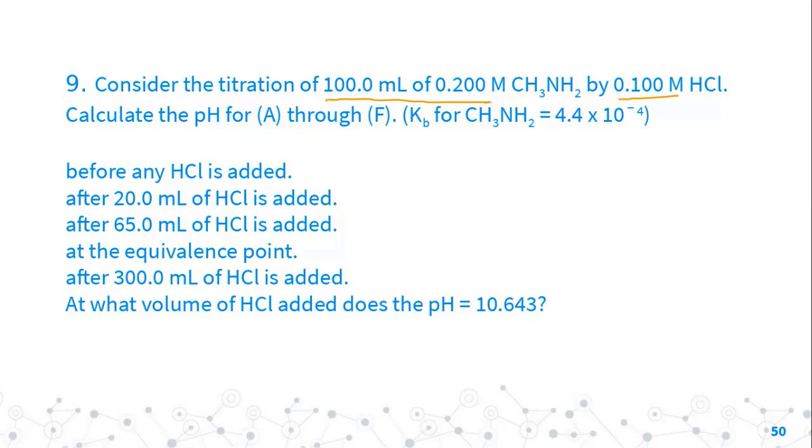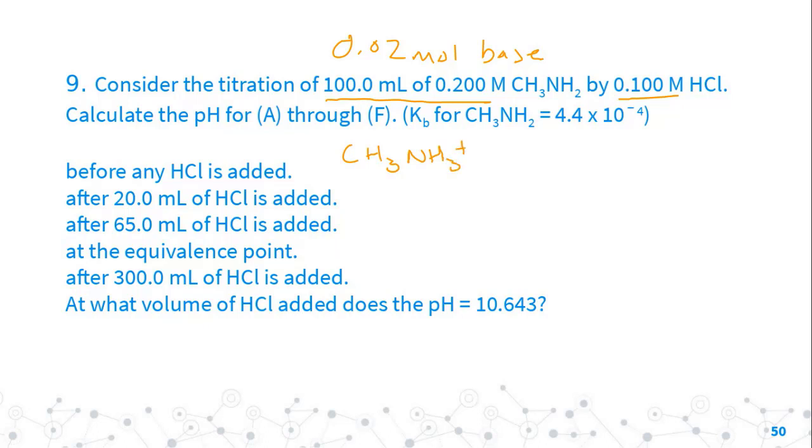All right, so we originally had 0.02 moles of our base. We're at the equivalence point, so all of our base is converted into conjugate acid. So what is the conjugate acid? CH3NH3 plus, right?